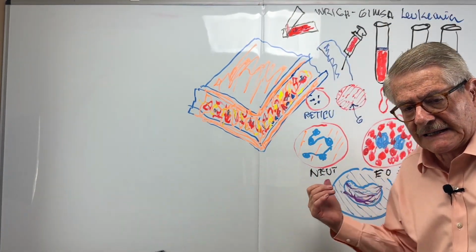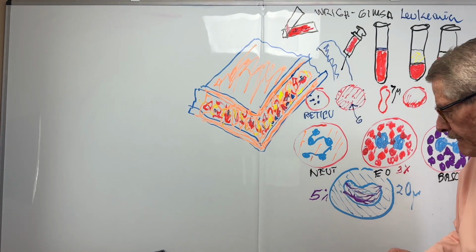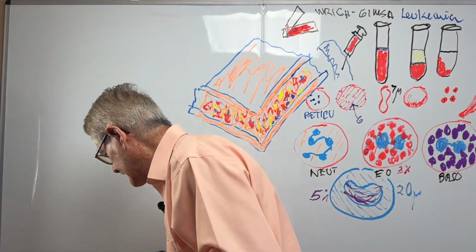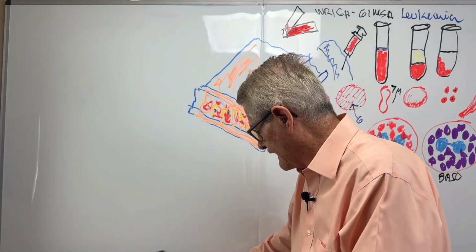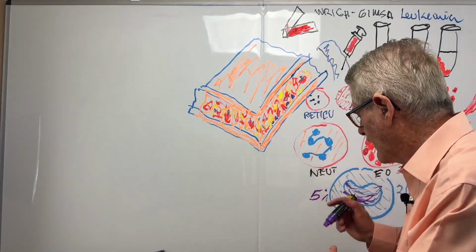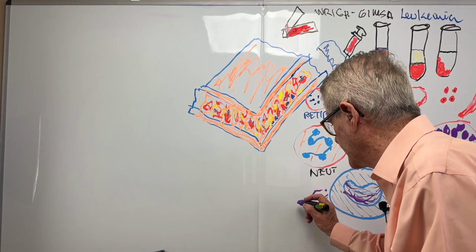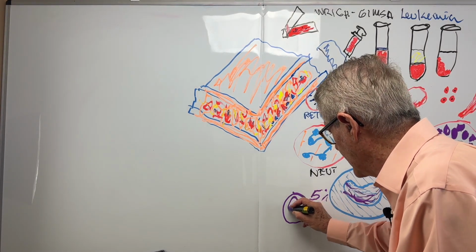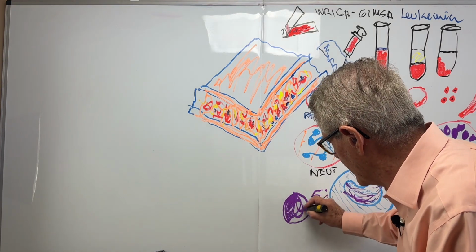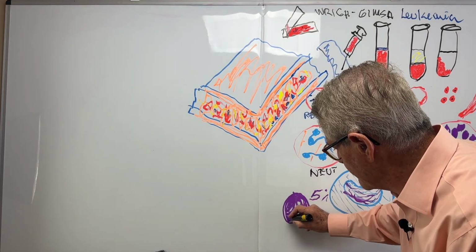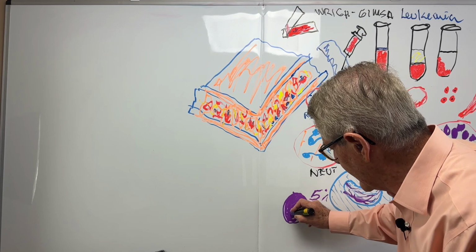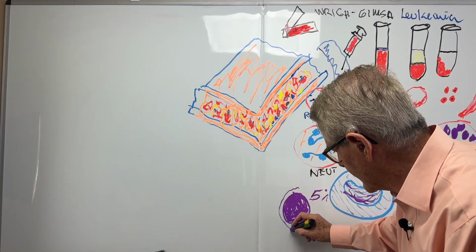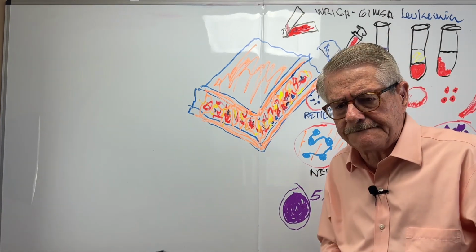They're so phagocytic. I'm going to try to fit here another cell, which is relatively more abundant, the second most abundant of the white cells. And this is actually the nucleus of that cell, which is the smallest of all the white blood cells. It is a lymphocyte.